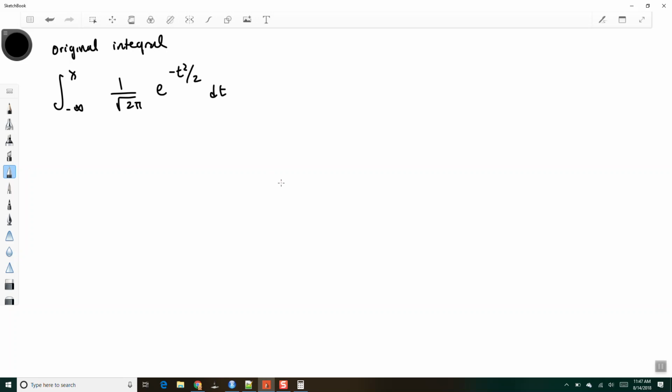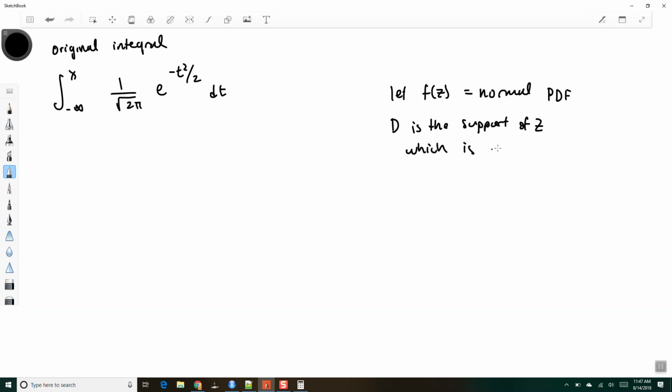So what we will do is we'll let f of z be the normal PDF. Okay? And then the domain D is the support of z, which is minus infinity to infinity.